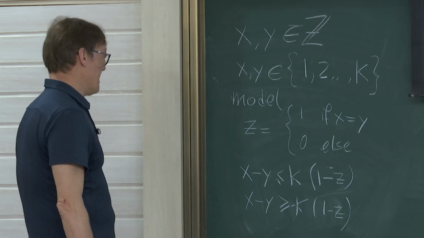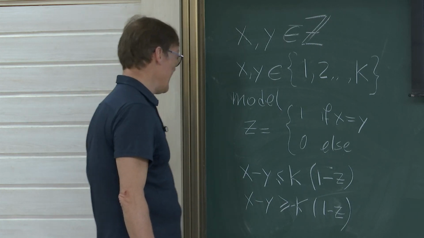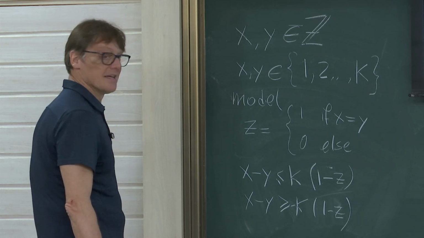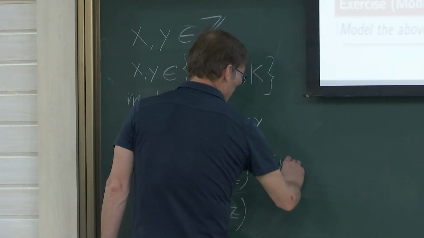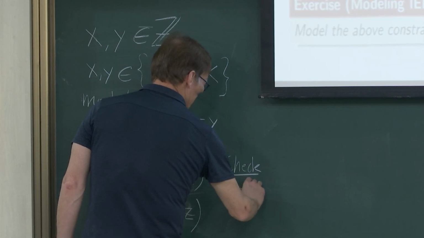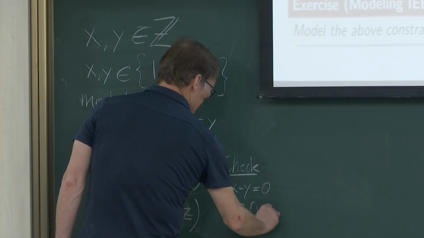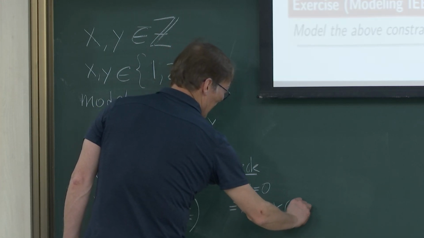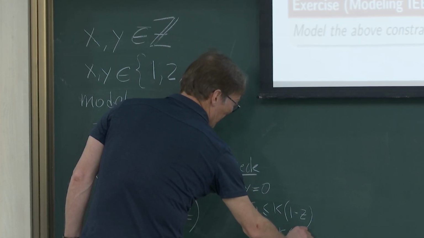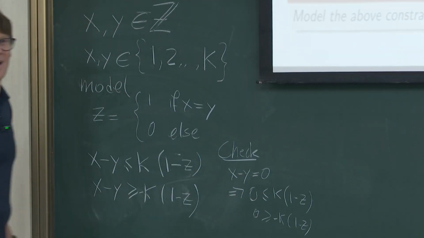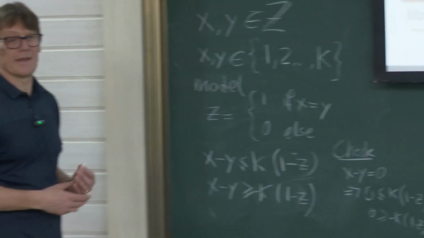Let's see, if x minus y is equal to 0, then I get 0 is less than or equal to k times 1 minus z, and 0 is greater or equal to minus k times 1 minus z. But I don't think that tells us that z should be 1.